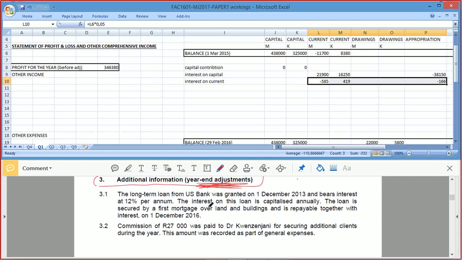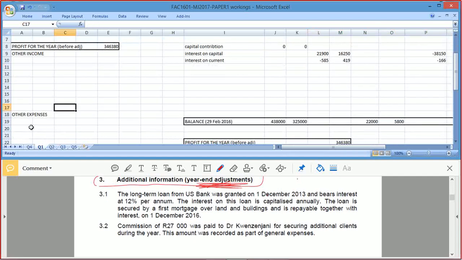Okay, all right. So if I've got a long-term loan, the long-term loan is going to be incurring interest. Where do you show interest? Other expenses. Correct. So you know you're going to have to put it there to get a mark for it. And then where else must you put it?